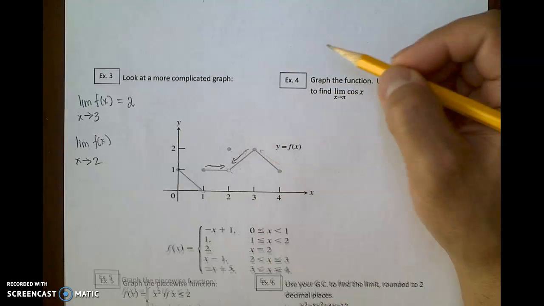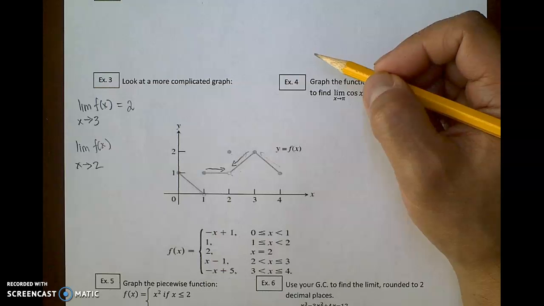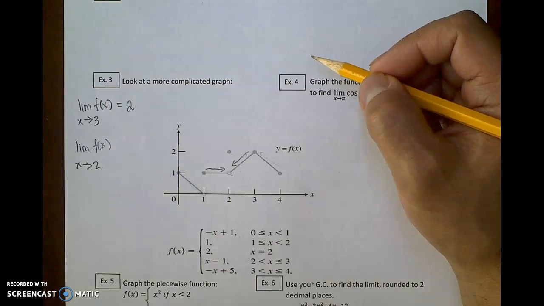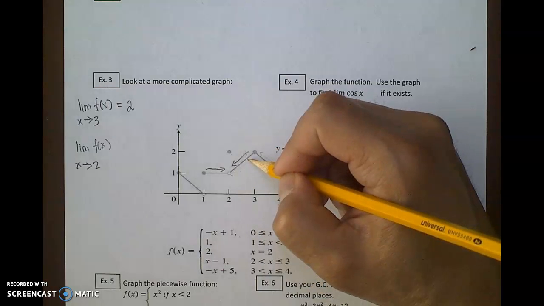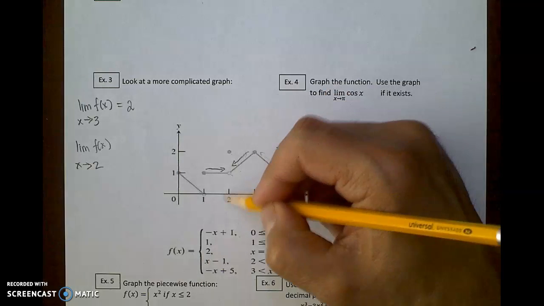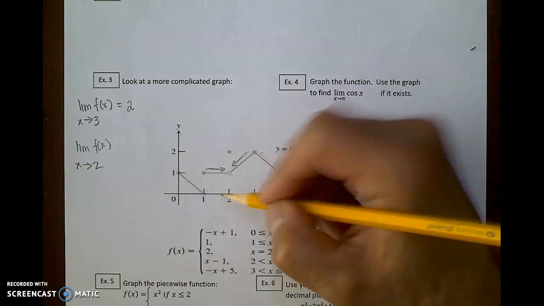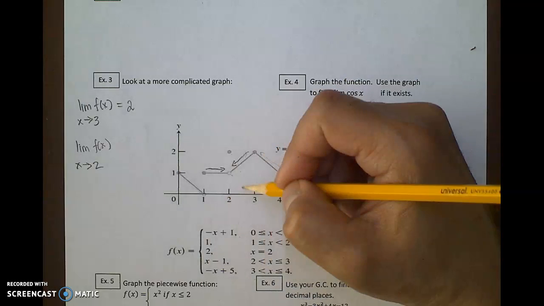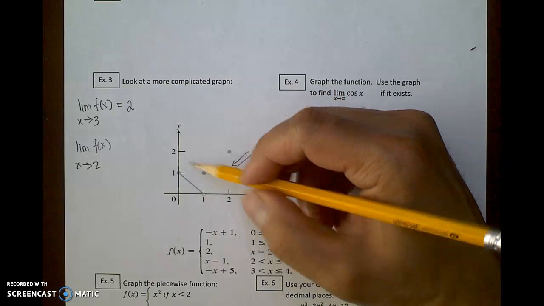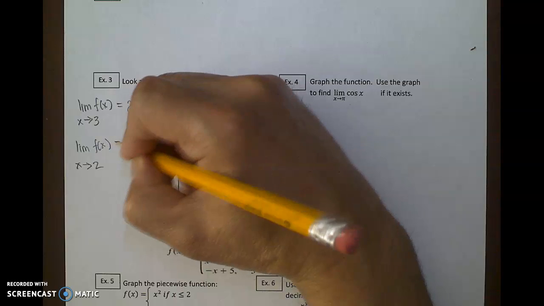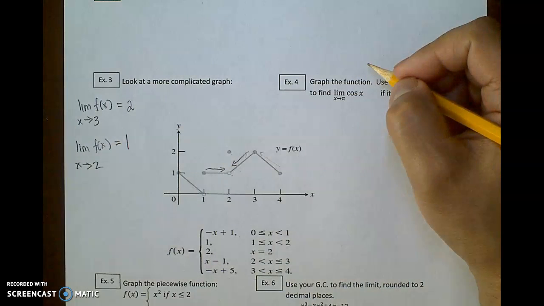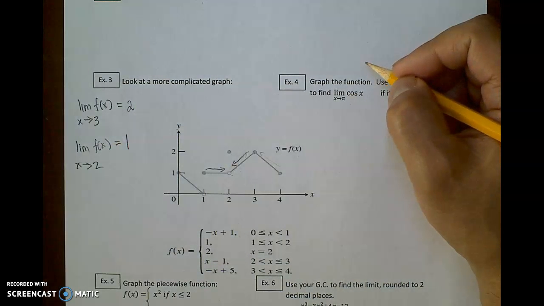But remember, it doesn't matter if the function's undefined or not. We're looking for where the outputs of this function are going as we get closer and closer to this input of 2, and it's approaching this value of 1. So the limit of this function as x approaches 2 is 1.